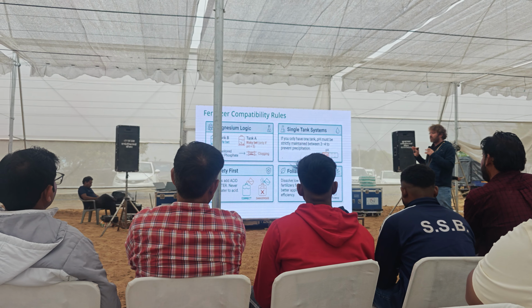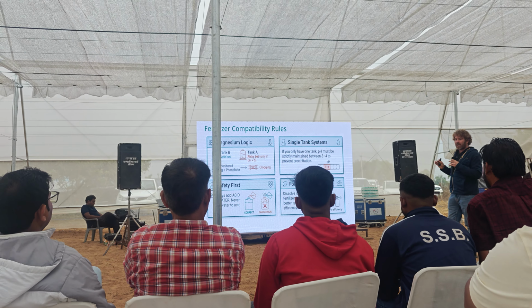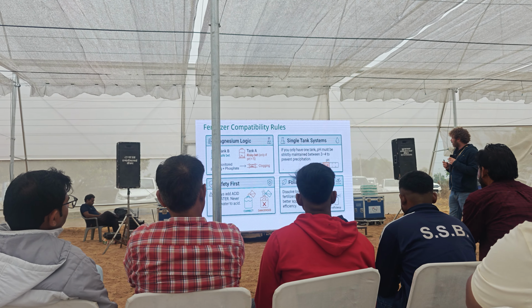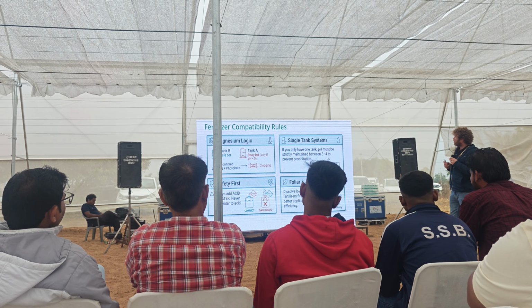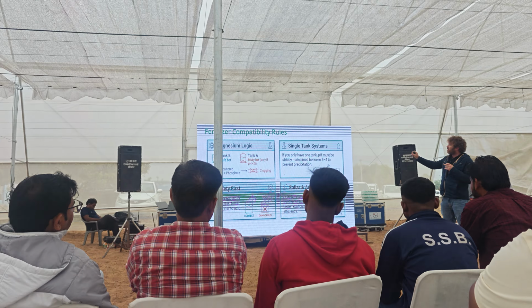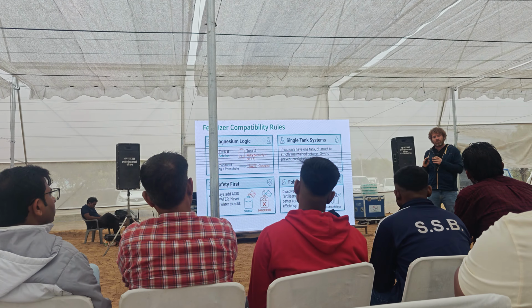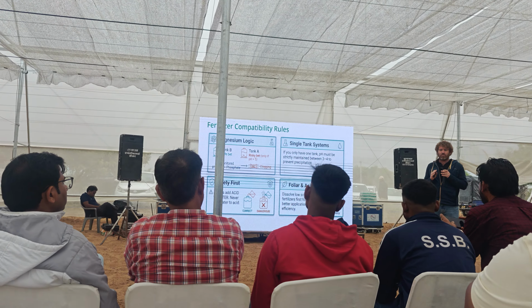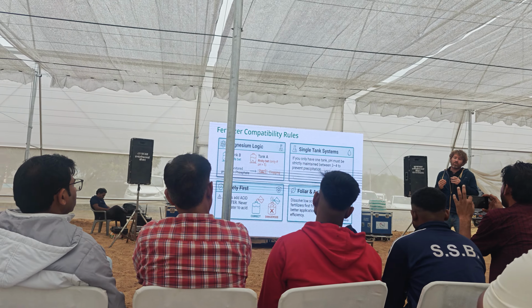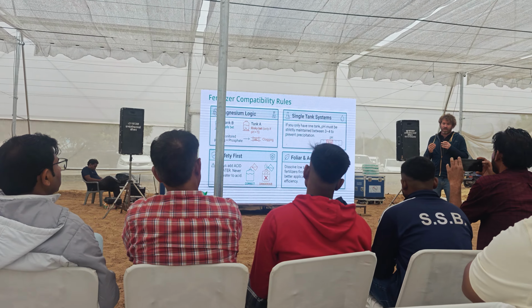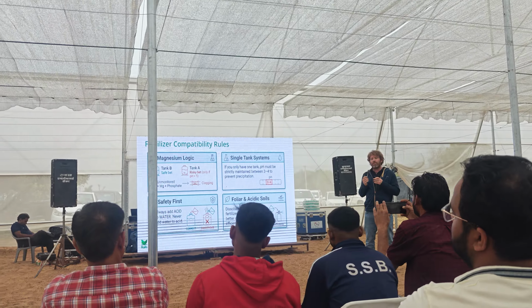And I will give a few rules for fertilizer mixing. First of all, magnesium logic. Usually you can put magnesium, and I'm not talking about magnesium sulfate, I'm talking about magnesium nitrate, together within the phosphate tank, but you need to be sure that the pH is low.